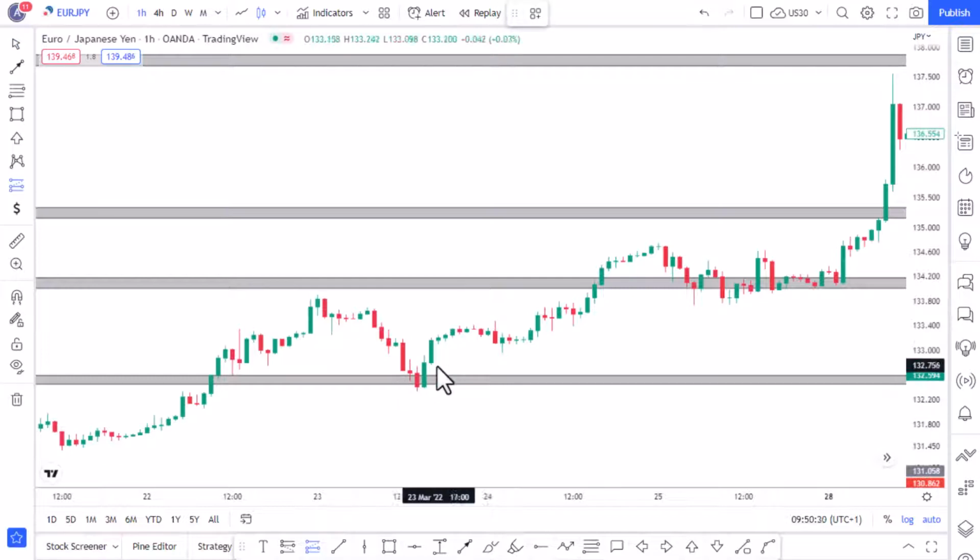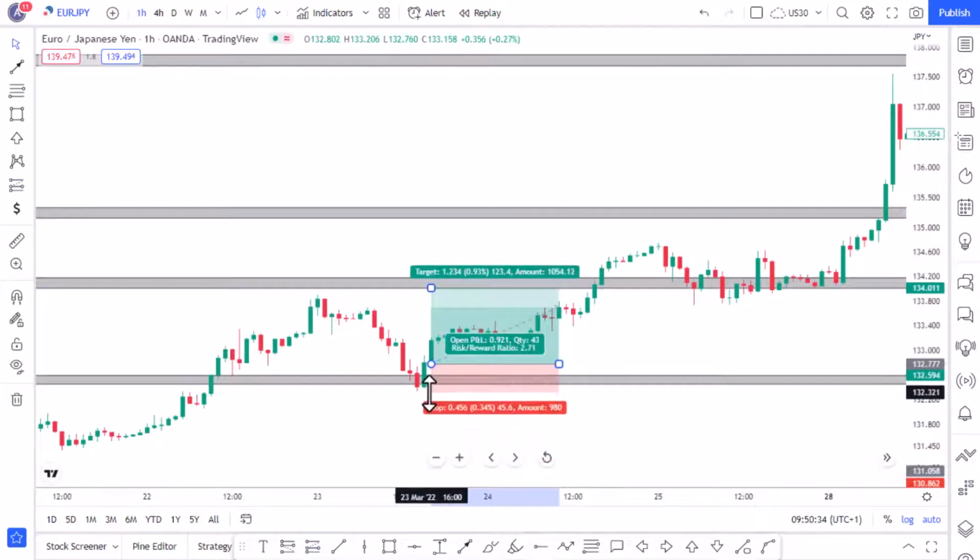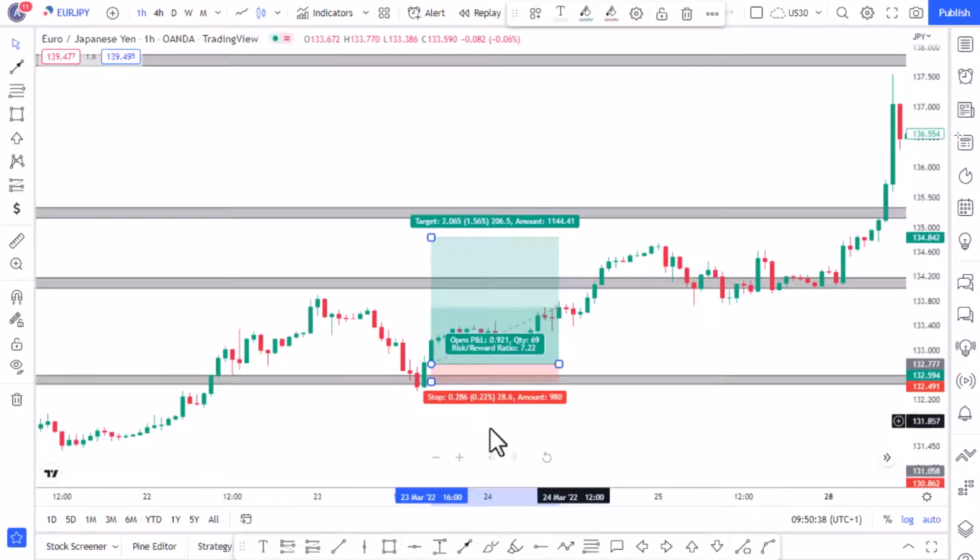The moment I see this, I'm going to enter this trade risking no more than 30 pips and see how it plays out, because this zone is our main zone. Remember, this is the zone we drew on the daily time frame, and price is coming to give confirmation at that zone that it wants to buy. Do you think I can hesitate? I can take that trade, but my risk management is important.